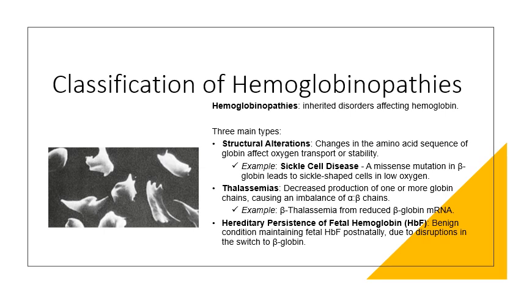There are thalassemias, where there is a decreased production of globin chains, and this leads to an imbalance and disease. And there is hereditary persistence of fetal hemoglobin, HbF for short, which is a benign condition where fetal hemoglobin continues to be produced after birth.